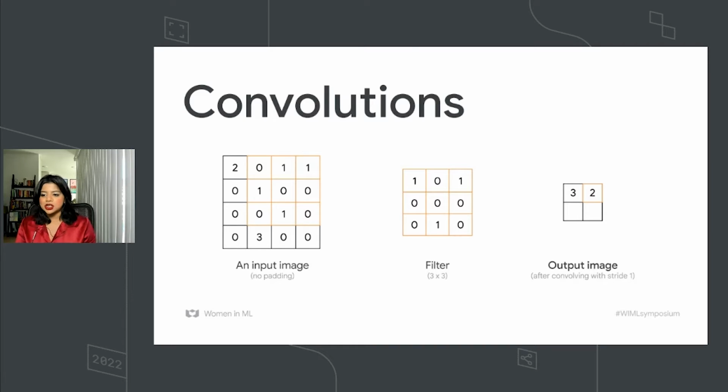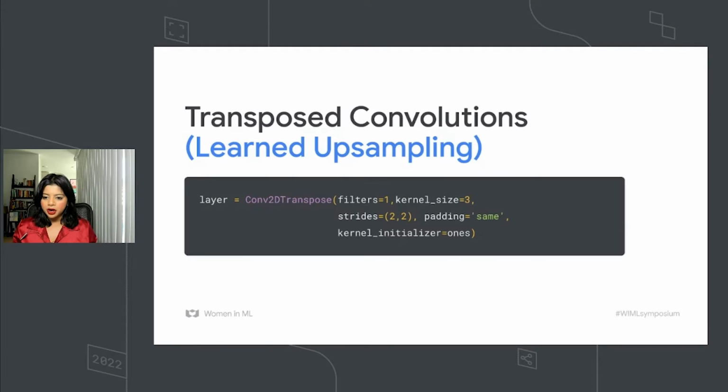This is a key distinction that will come up between convolutional operations and transposed convolutions, otherwise known as deconvolutions as well. And I'll explain those next. Before I look at a worked example of transposed convolution, I wanted to quickly introduce the TensorFlow Keras API.